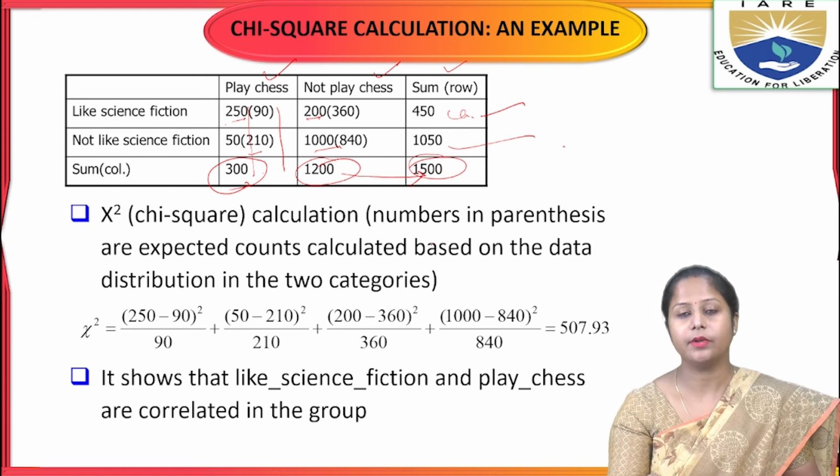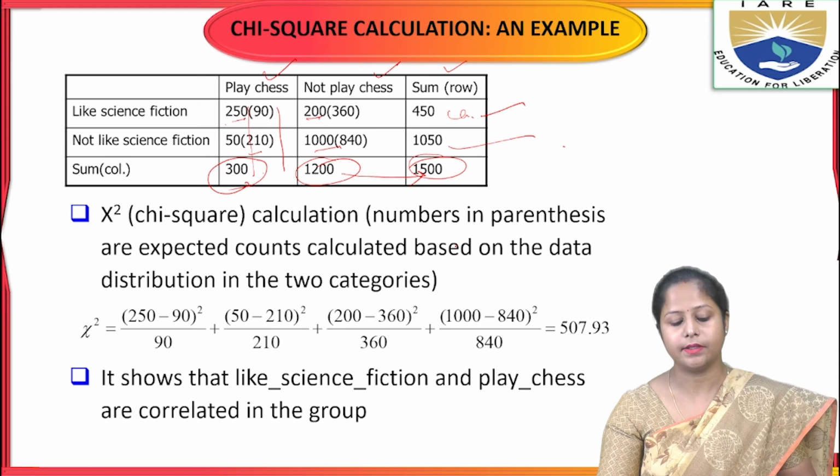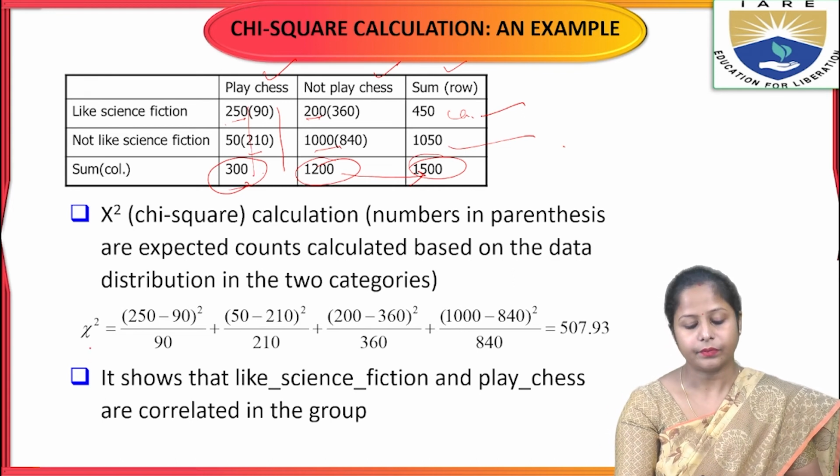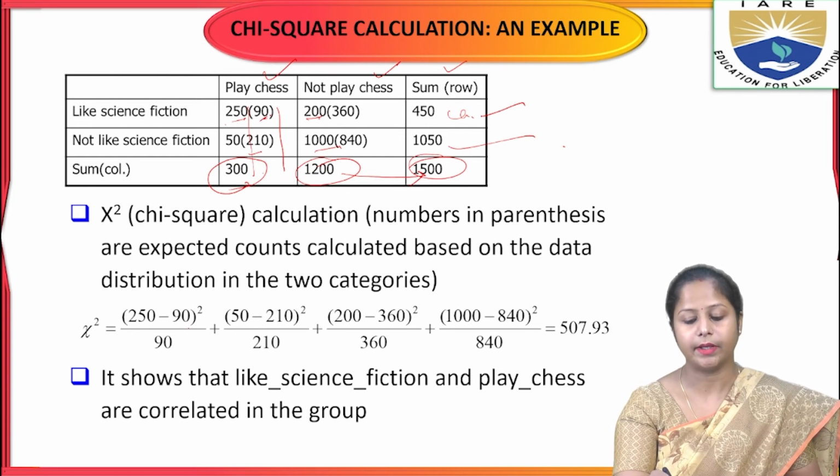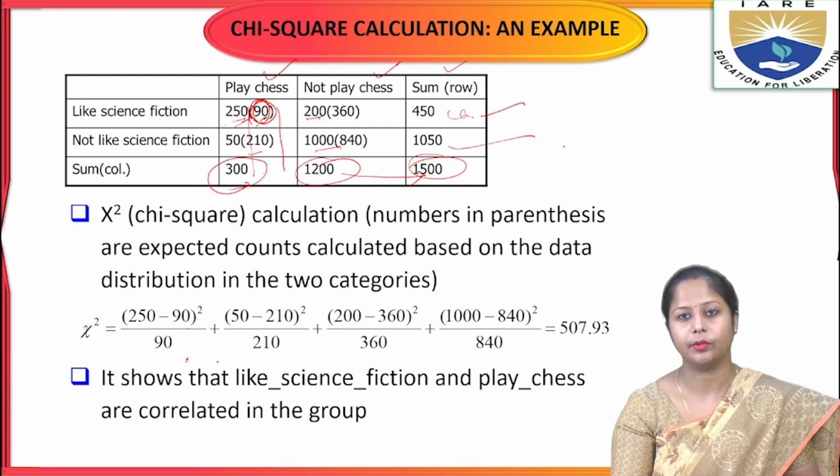In the chi-square calculation, the numbers in parentheses are expected counts, calculated based on the data distribution in the two categories. How do we calculate? 250 minus 90, where 250 is the observed value and 90 is the expected value.